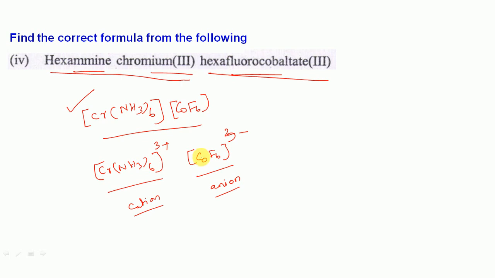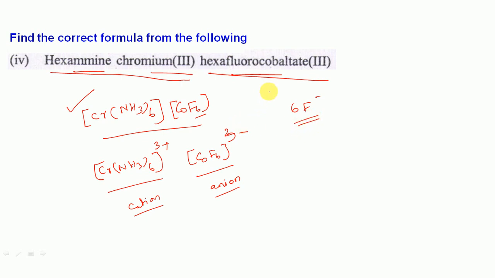Hexaammine indicates 6 ammonia ligands attached to the central chromium atom. Chromium(III) denotes that the chromium atom is in the +3 oxidation state. Hexafluoro indicates 6 fluoride ligands attached to the central cobalt atom.